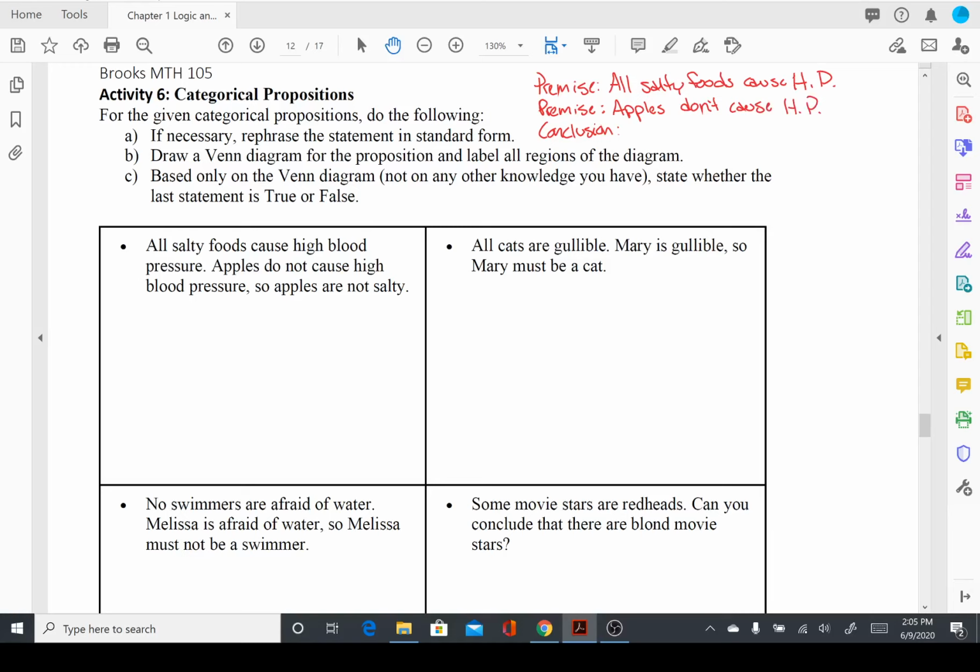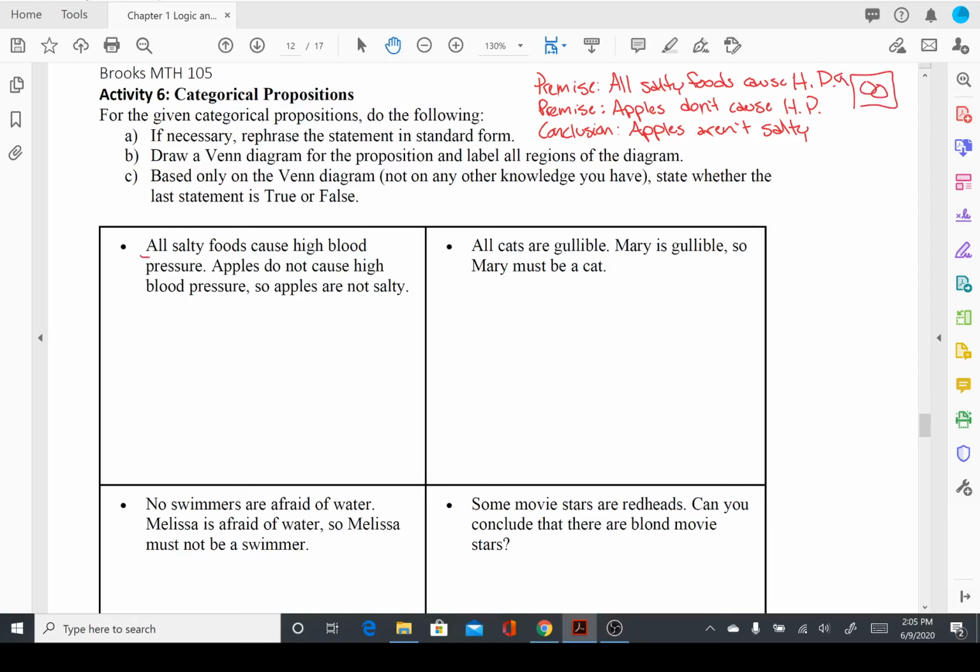The conclusion is apples are not salty. So use the qualified proposition, which is the first one, to draw the appropriate set diagram for each of these.